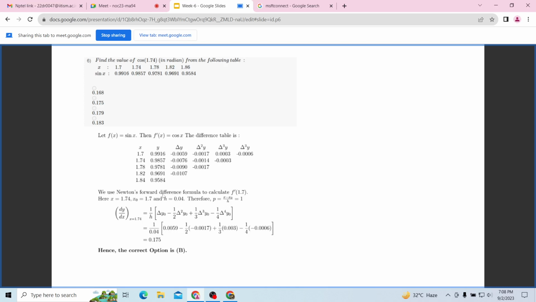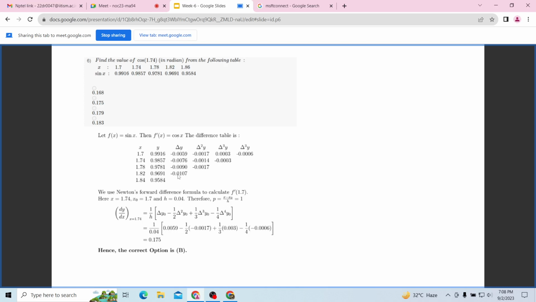So when you subtract 0.9857 minus 0.9916, you'll get minus 0.0059, right? Then for minus 0.0076, how will you get it? 0.9781 minus 0.9857. So it will give you minus 0.0076.